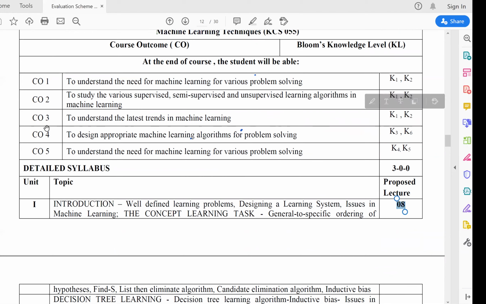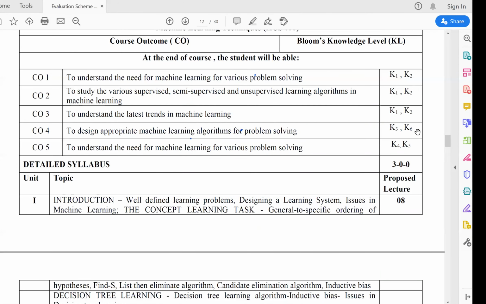In course outcome 4, there are levels K3 and K6, that is apply and create. We will apply the concepts for problem solving, and we will design some concepts. And in CO5, this comprises K4 and K5, that is analyze and evaluate.